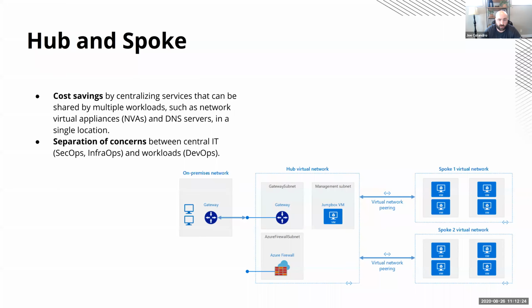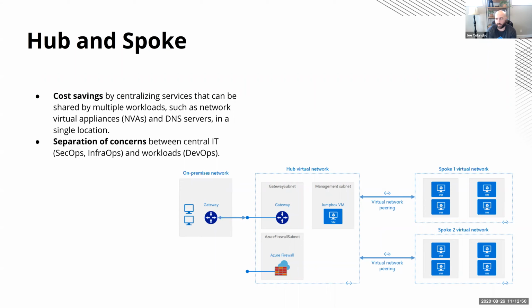This picture is right off of a reference architecture from the Azure documentation website, and is really the standard way that companies at scale are being advised to deploy a networking schema for how they're running applications in Azure.